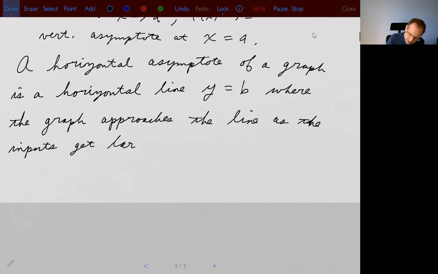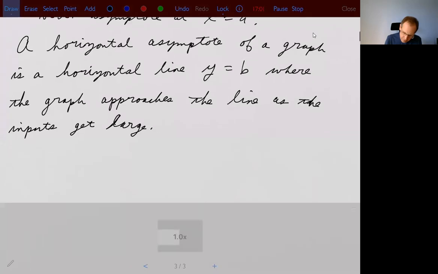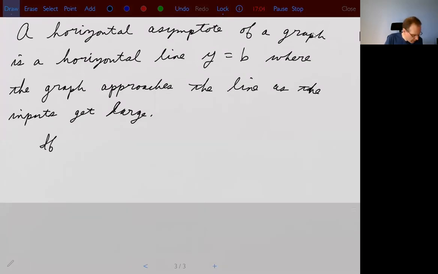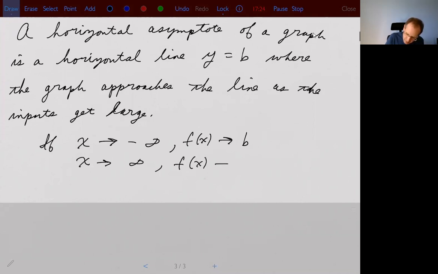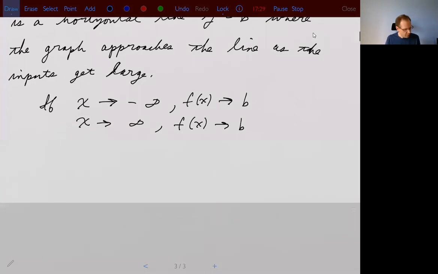And what I mean by large in this case is either large positive or large negative. So another way of saying this is if x approaches, say, negative infinity, and f of x approaches some constant value b, or as x approaches positive infinity and the function is approaching some constant value b, then that means there must be a horizontal asymptote of y equals b.